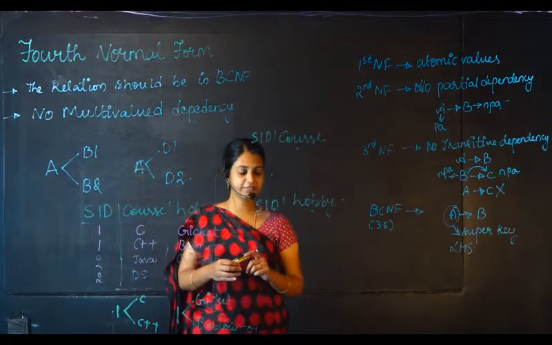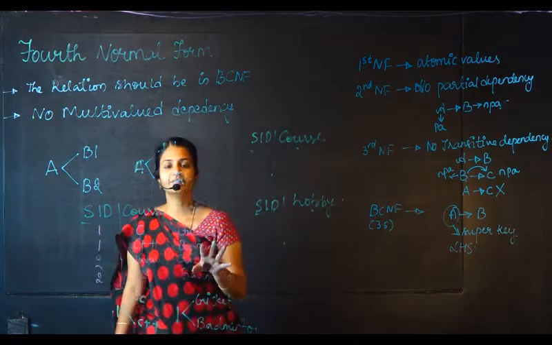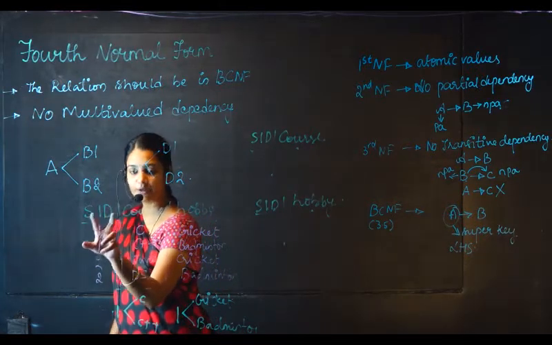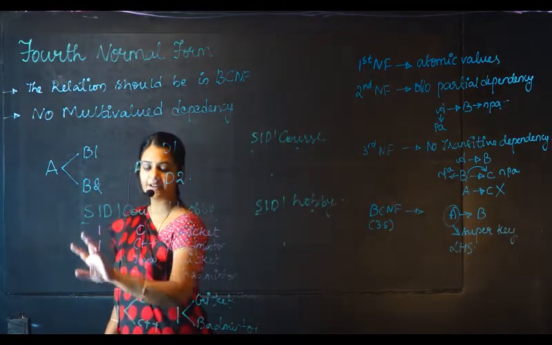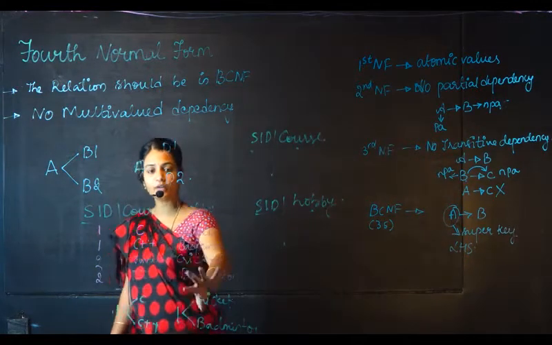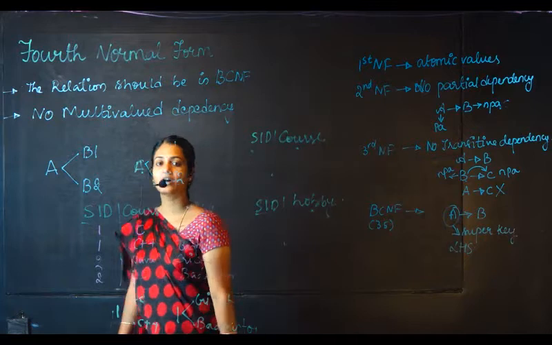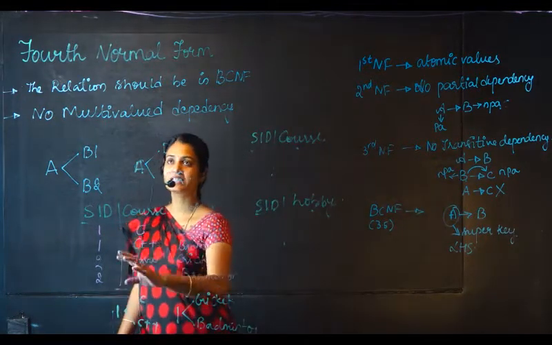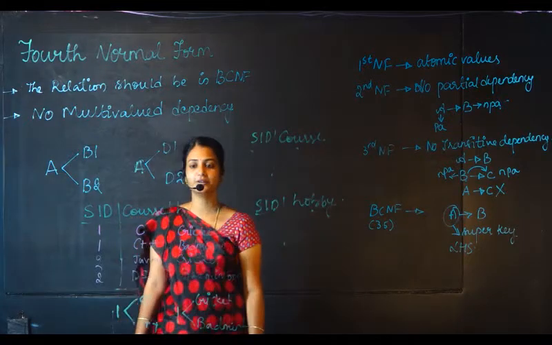And what is multi-valued dependency? If an attribute has multiple values in the relation, then we call it multi-valued dependency. This is a best example of multi-valued dependency.